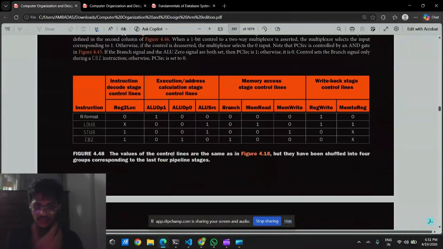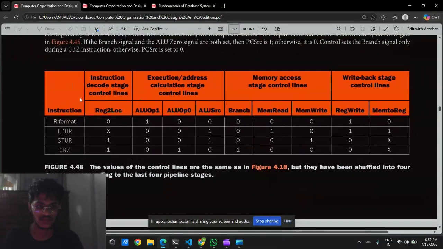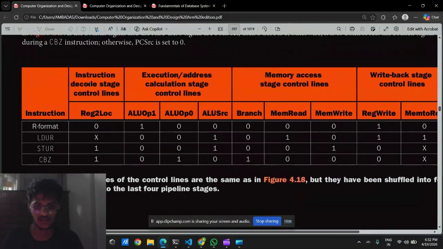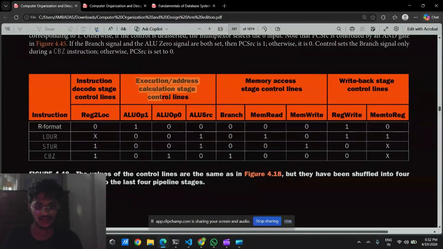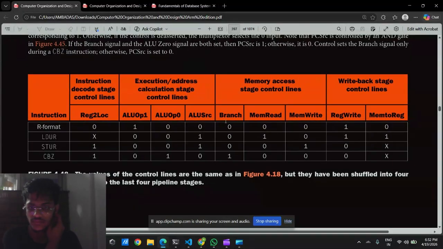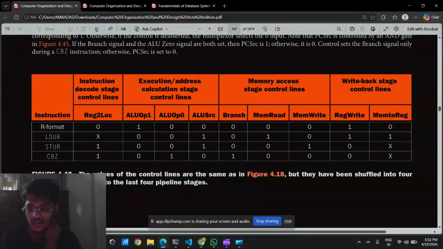And in this table, it's clear we don't have any control line in the instruction fetch stage. So it starts from the instruction decode stage and moving to the execution stage, which has three control lines, and then moving to the memory access stage, which again has three control lines. You can read it here, and then the write back stage.